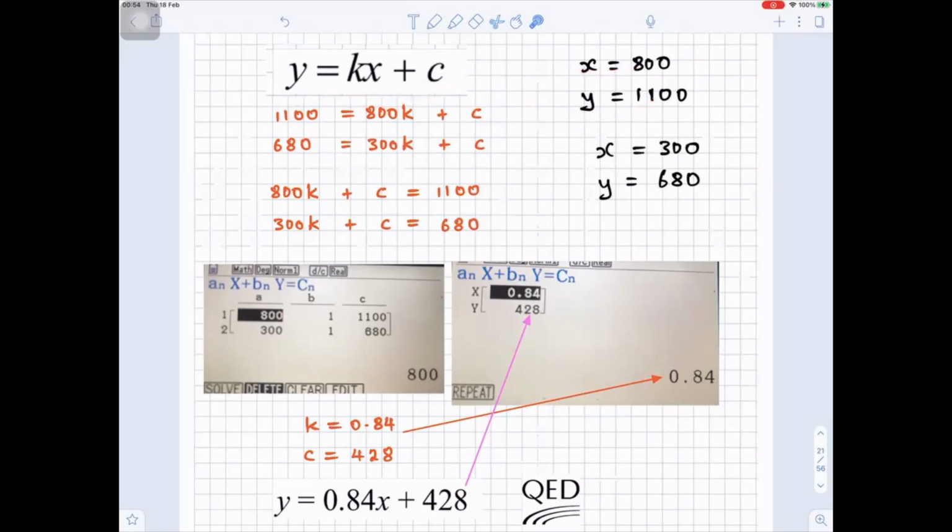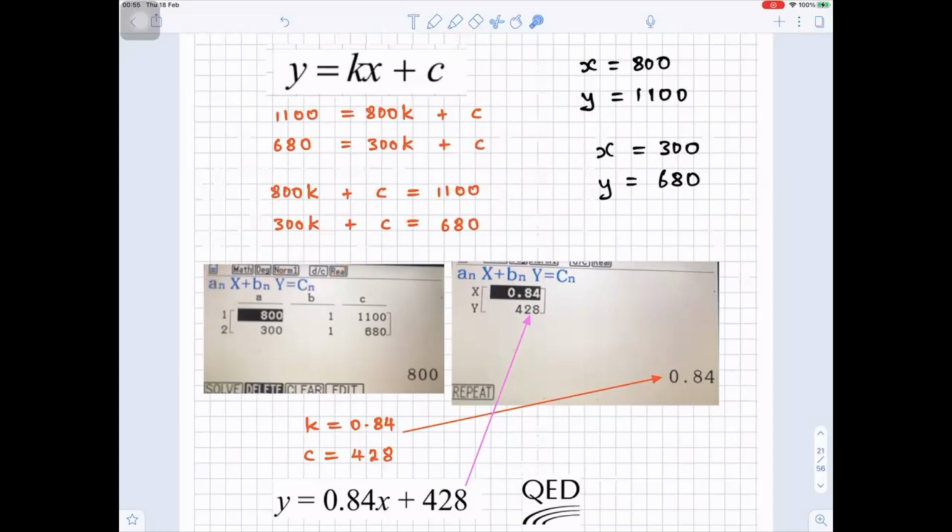Now we can swap them around. Take all of this to the left side and take this to the right side. So we would have it where we can have ax plus by is equals to c.